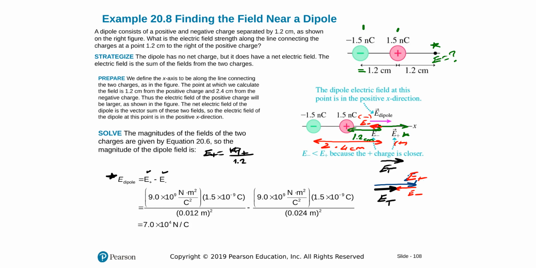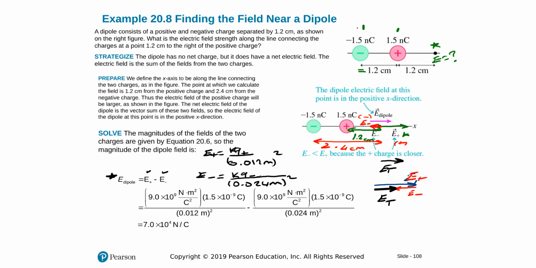We want to use meters, not centimeters. So 1.2 centimeters divided by 100, 0.012 meters squared, and E negative will be K Q negative divided by 0.024 meters squared, 2.4 centimeters. Always use meters.